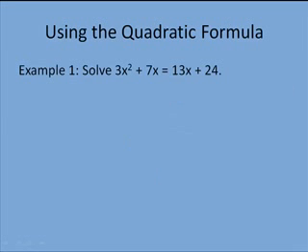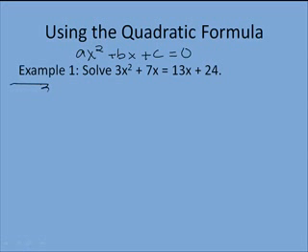So notice in this example that the equation is not in standard form, so that's our first priority. Remember that standard form is ax squared plus bx plus c, so we want to get this equation in that form. So 3x squared plus 7x, we're going to subtract our 13x, and we need to subtract 24.